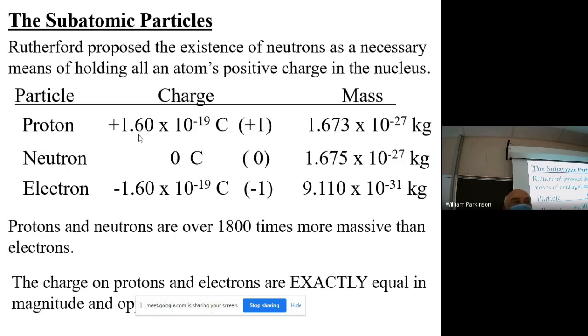Now, the deal is that, and this is something that we should know, and we probably already do know, is that opposite charges are attractive to one another. Pluses pull on minuses, minuses pull on positives. So if two bodies have opposite charges, they exert an attractive force on one another.